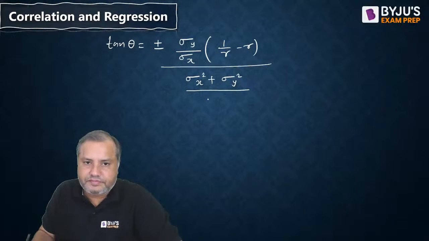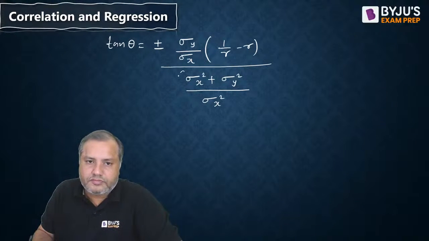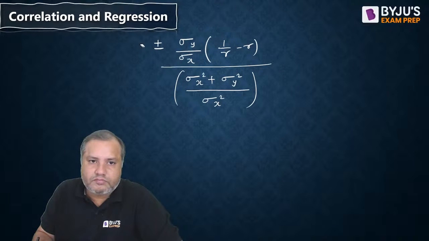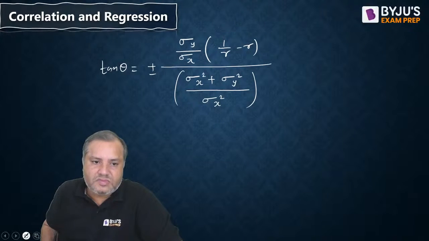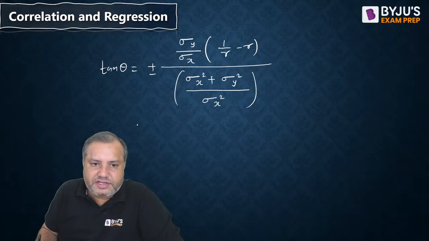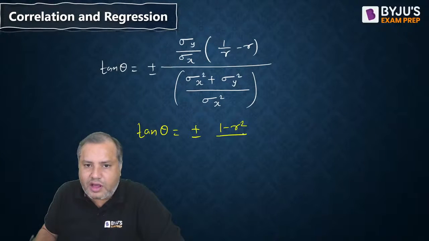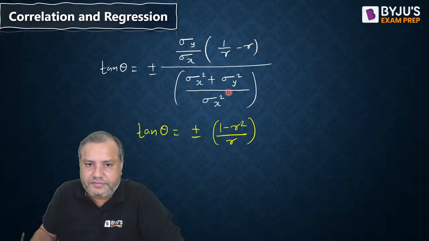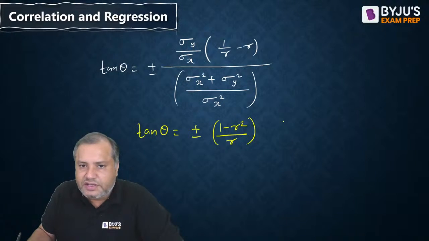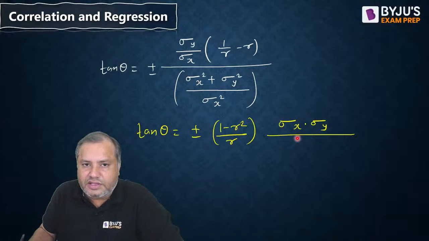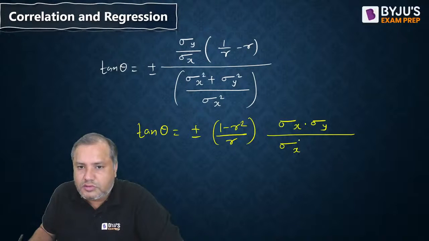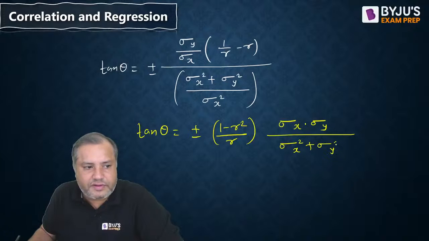A little more simplification: take the LCM, you get 1 minus r square upon r. Here sigma x square and one sigma x will be cancelled, so sigma x into sigma y appears in the numerator, and in the denominator you have sigma x square plus sigma y square.